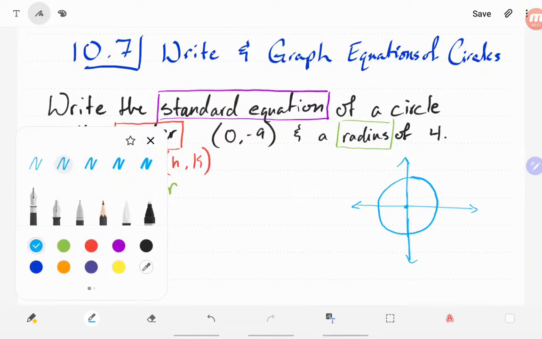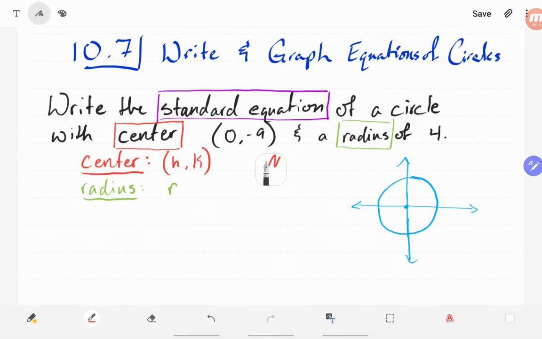I could get some point on that circle and say, well, this point is X units to the right and Y units up from the center.